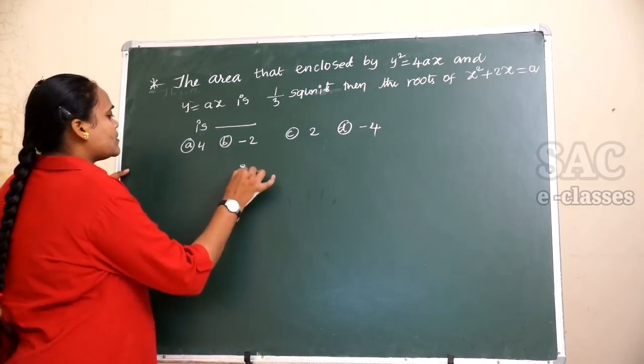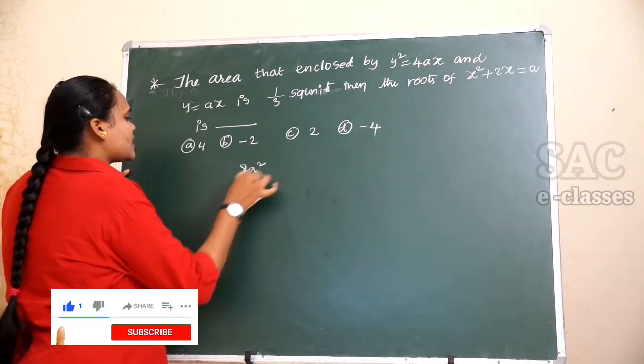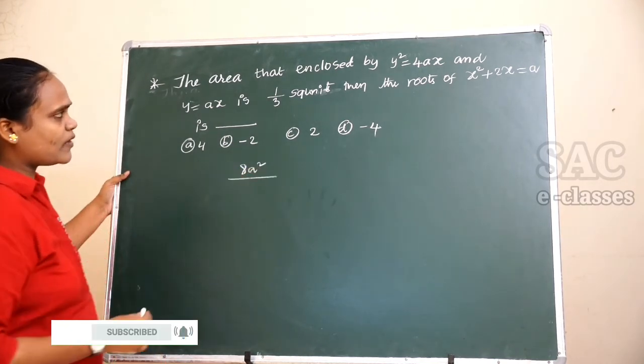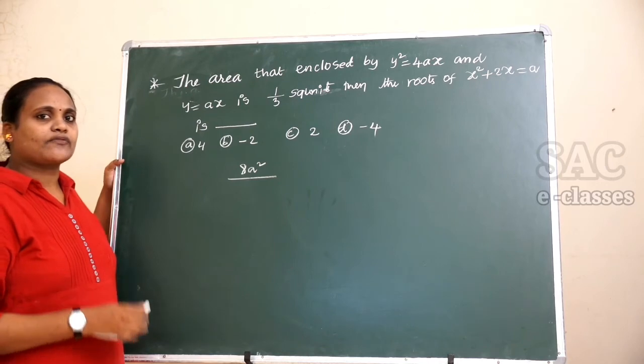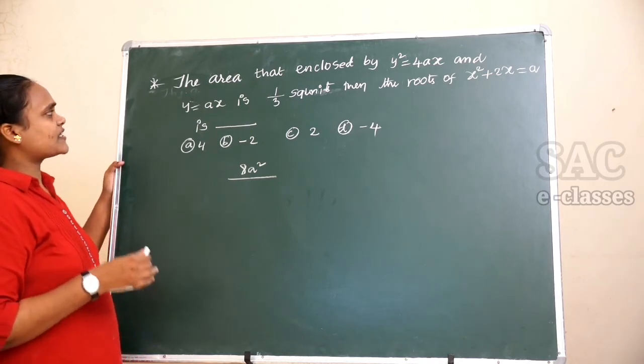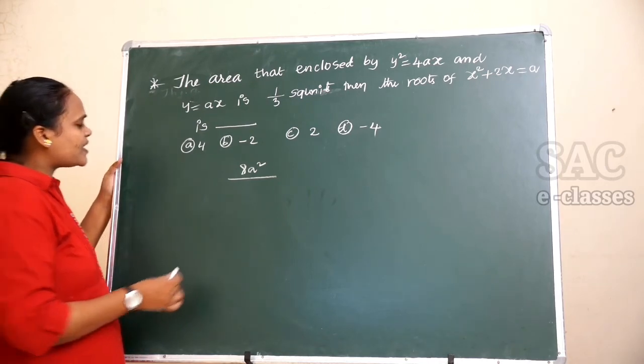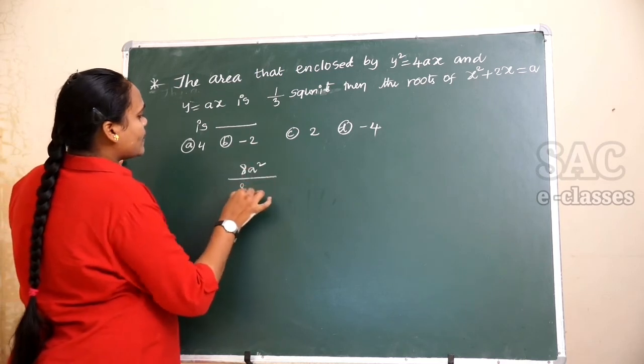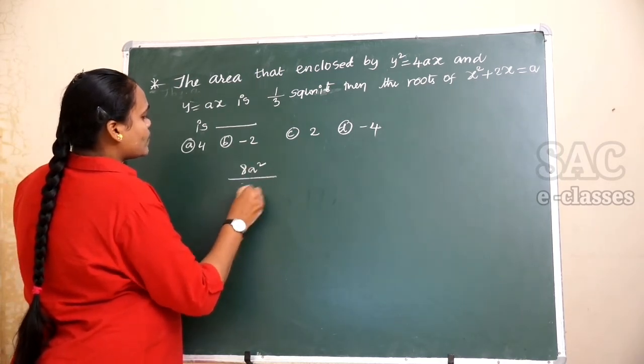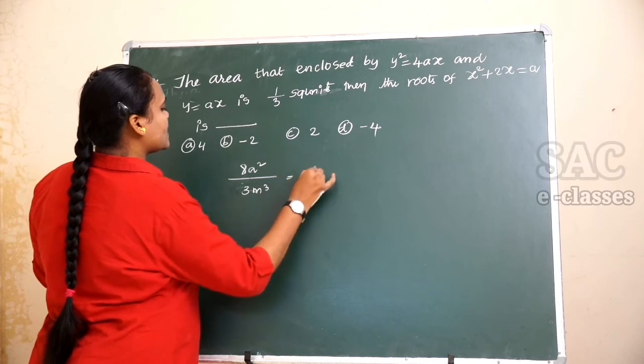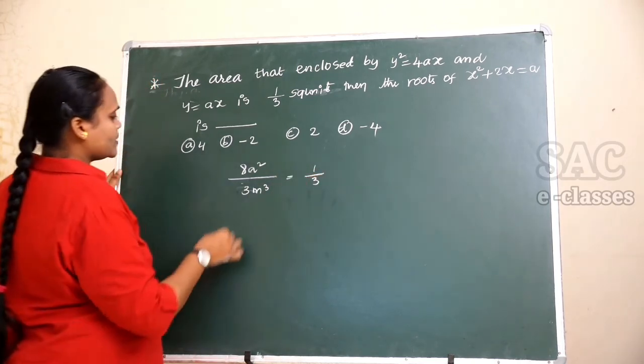You know that the area enclosed by a parabola y squared equal to 4ax and a straight line y equal to mx can be written as 8a squared by 3m cubed. That value they are saying is 1 by 3 square unit.